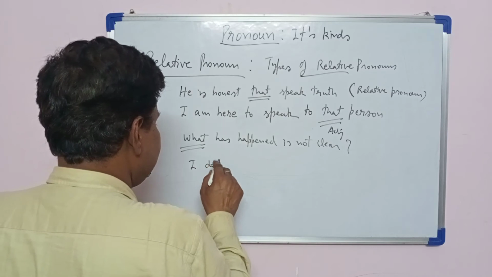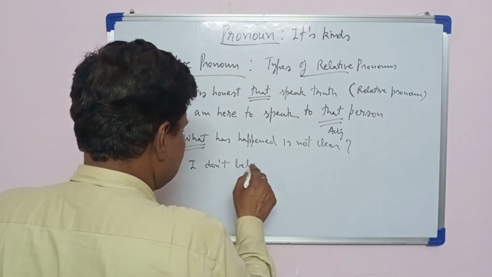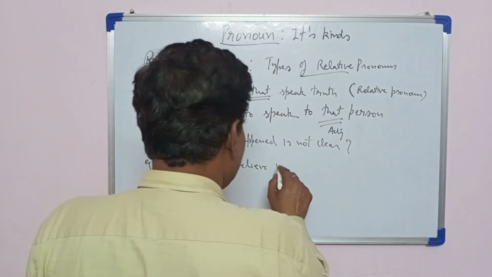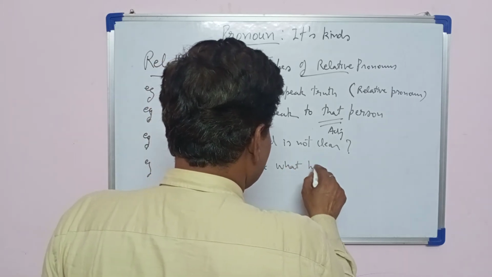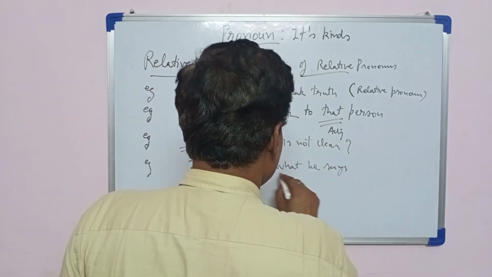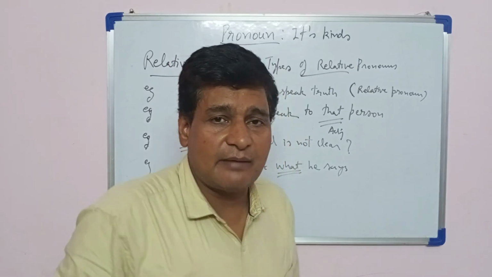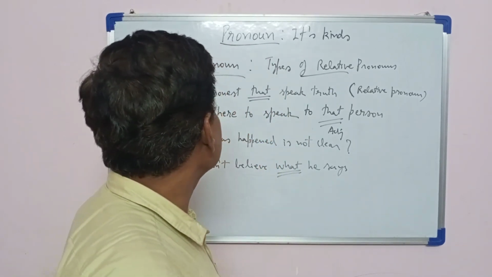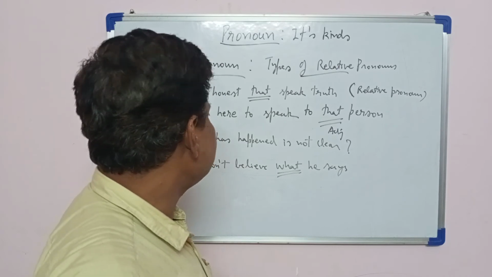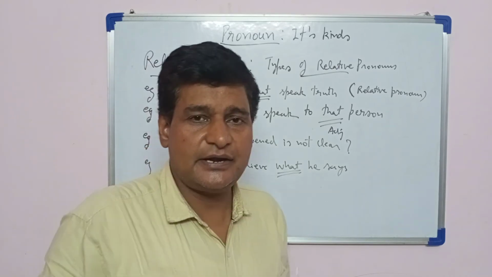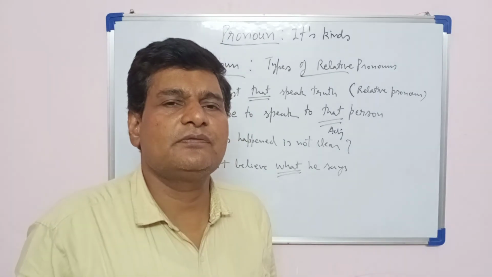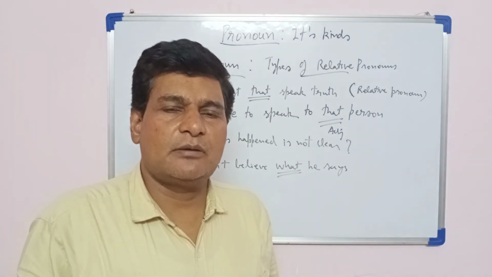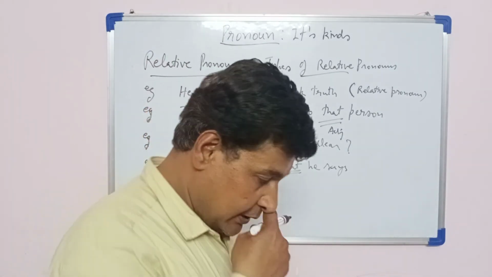I don't believe what he says. So here these are the examples of these relative pronouns, that, what, and we have already understood the other two relative pronouns. Now we will understand compound relative pronouns.